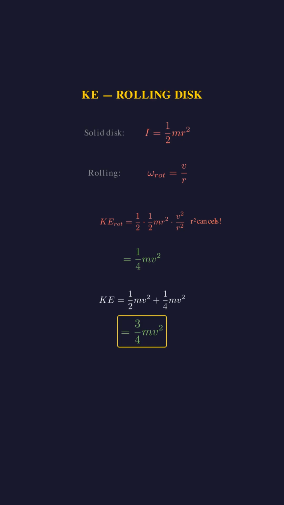So rotational KE becomes 1/2 times 1/2 m r squared times v squared over r squared. That simplifies to 1/4 m v squared. Total KE equals 1/2 m v squared plus 1/4 m v squared equals 3/4 m v squared.